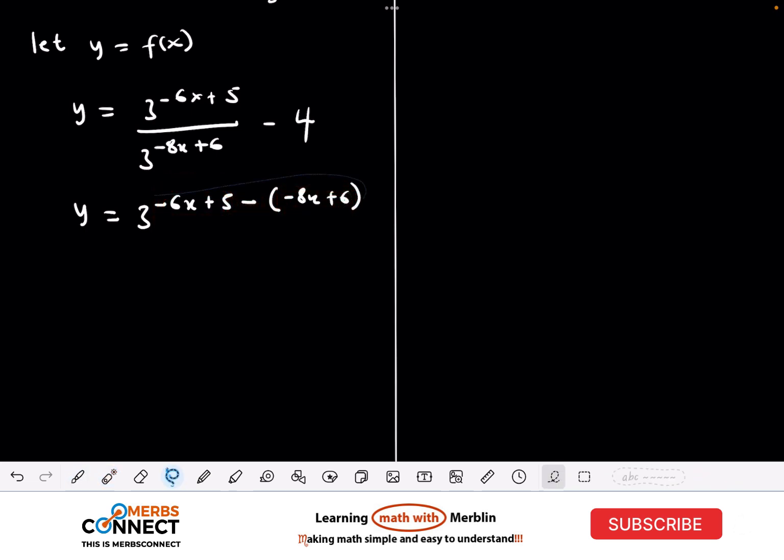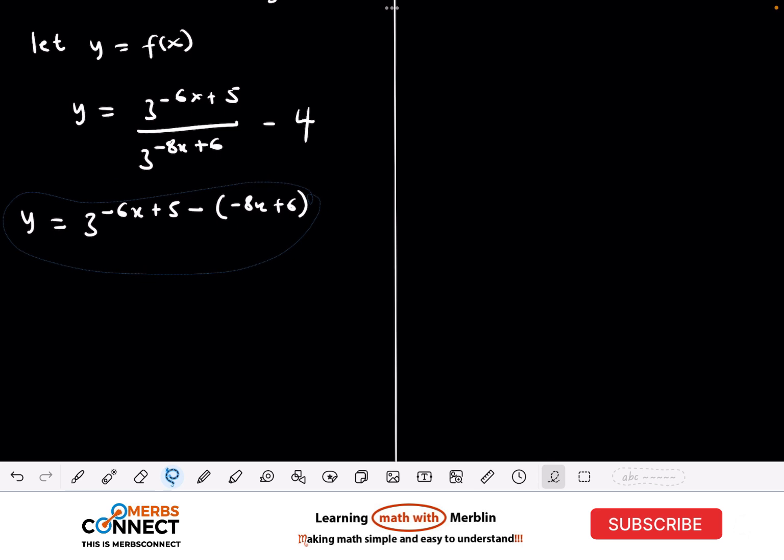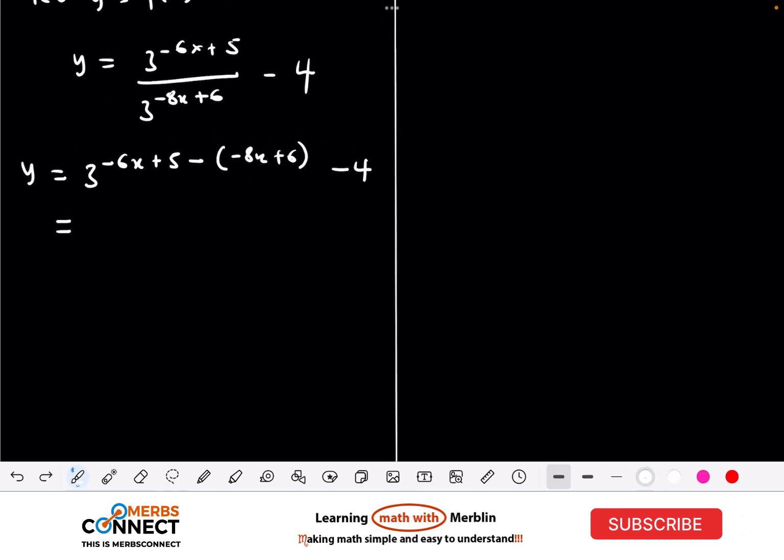So let me shift this one small, minus the 4. This is going to give us 3 to the power negative 6x plus 5 minus, so minus minus will be positive, which will be 8x. Then when I multiply the minus by the 6, I get minus 6, minus 4. So let's simplify.